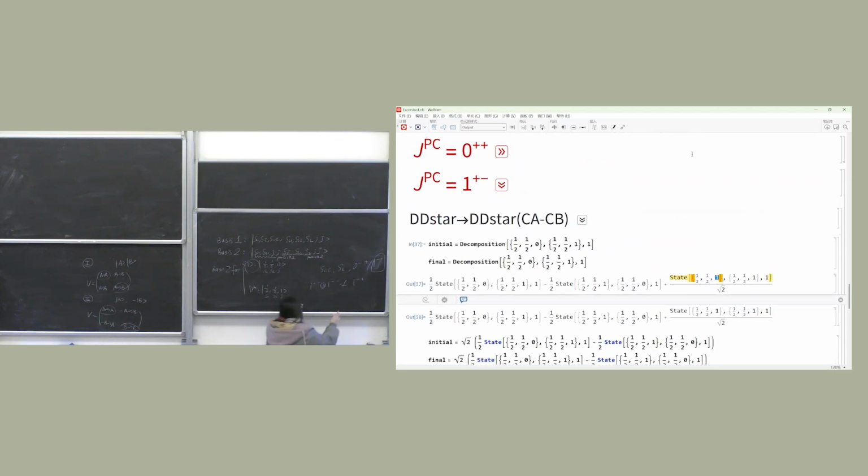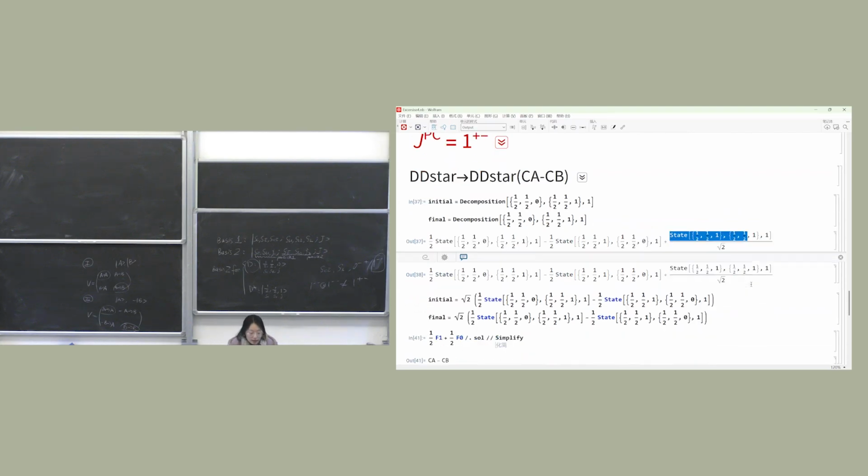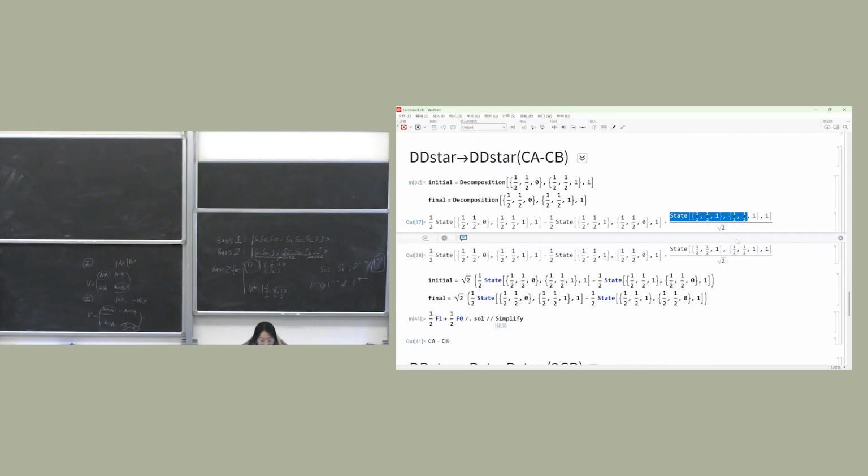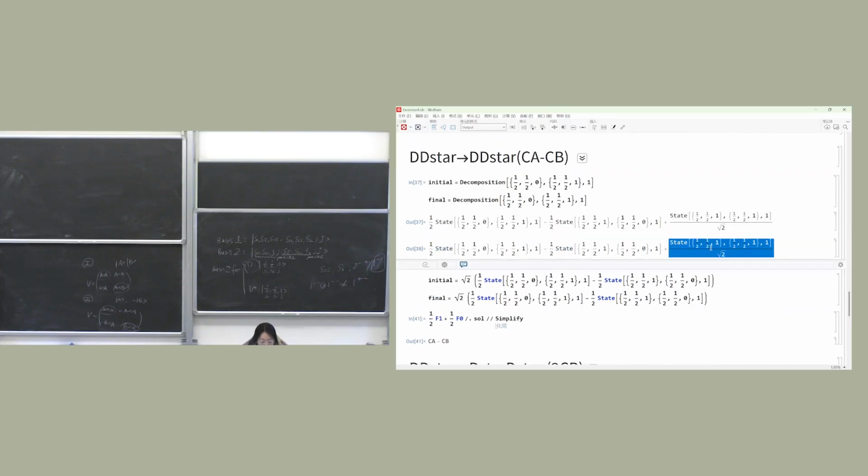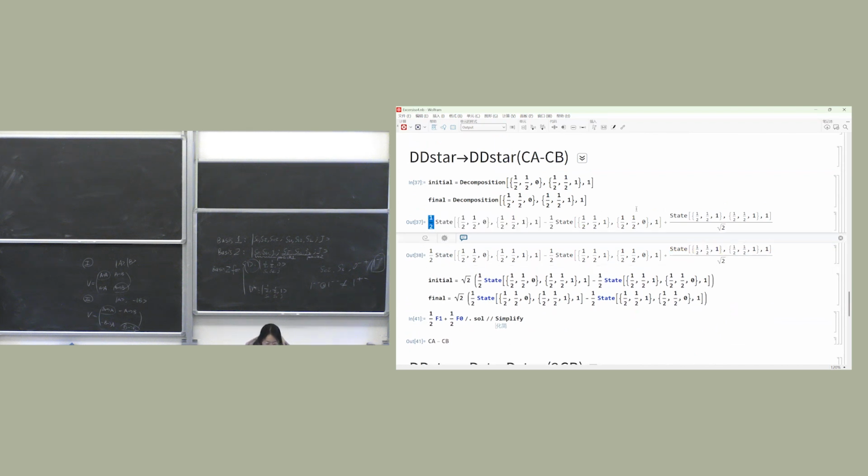Because we are focused on S wave, the parity is not conserved. So this is why this state cannot exist. So here we throw away this state, and the same reason for this one. So the only two terms left for the initial and final channel are just the first two terms.